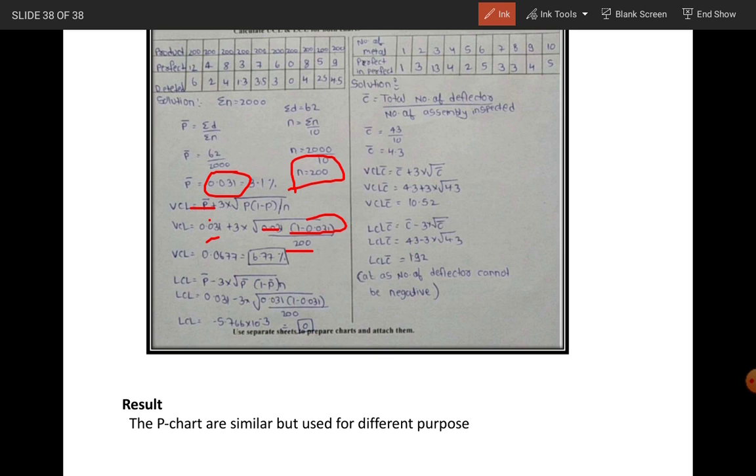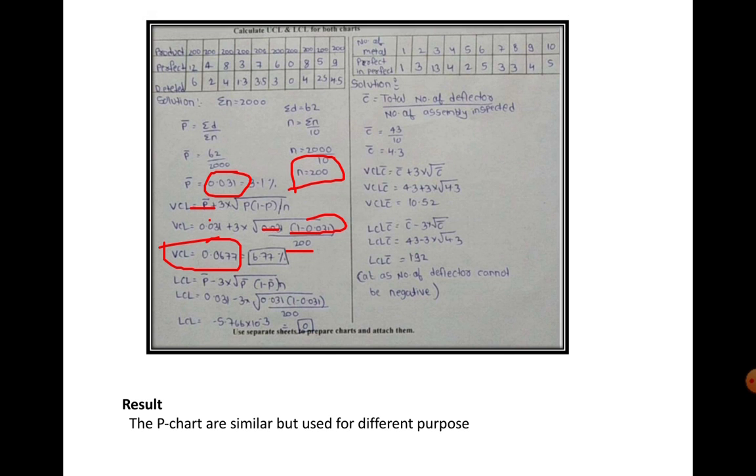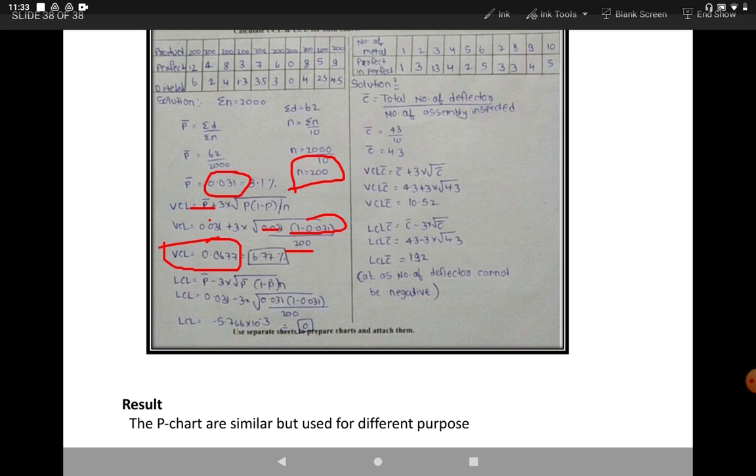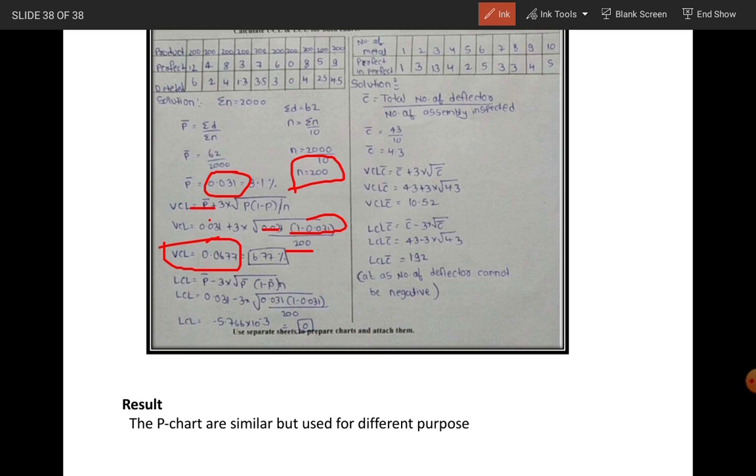Once we get this, we get the final value of the upper control limit, the UCL value. In terms of percentage, it is 6.77.